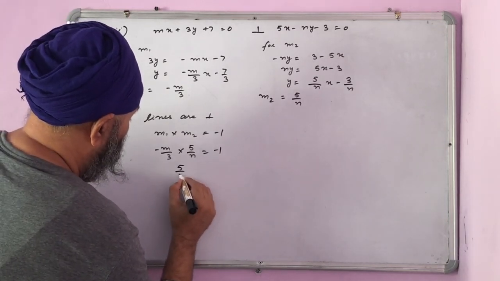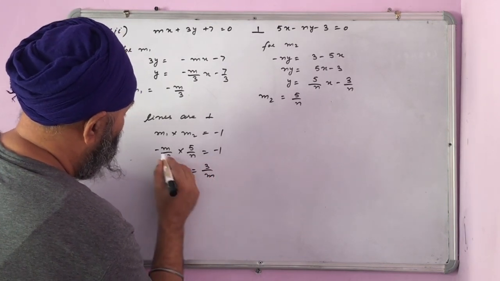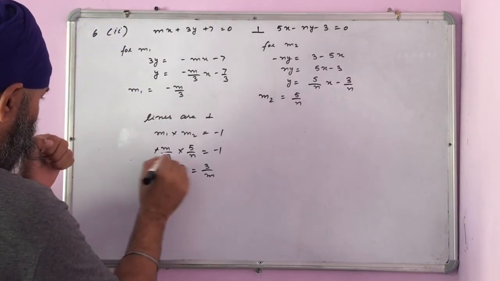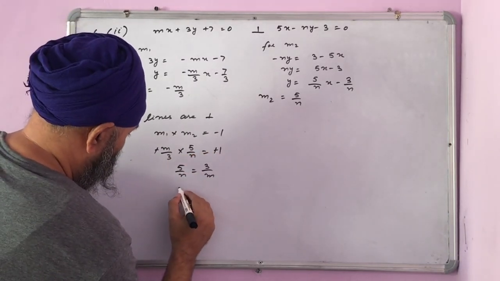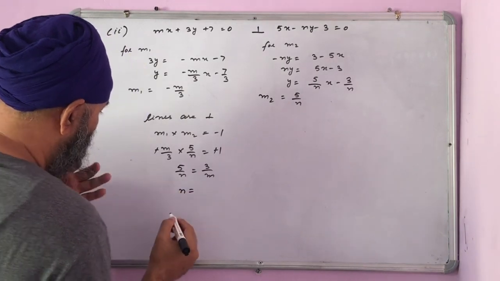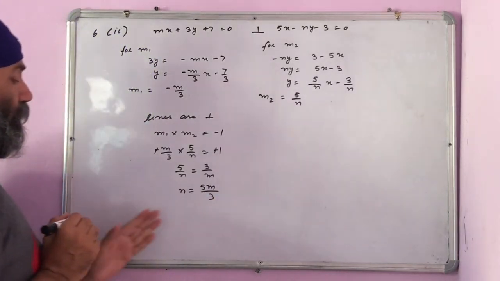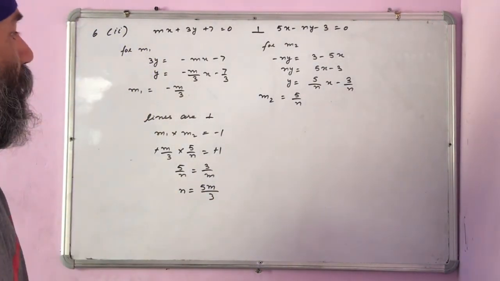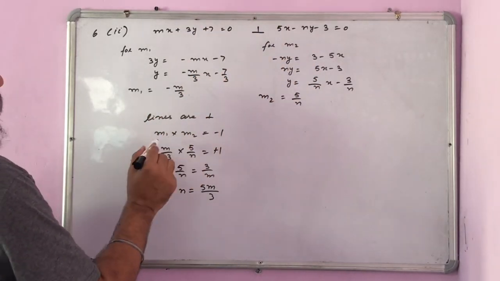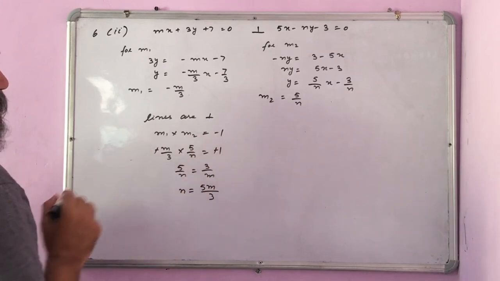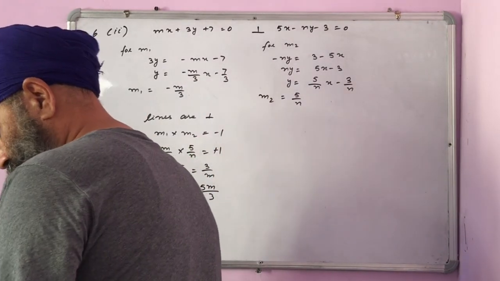Then 5 upon n, minus m upon 3 goes there, 3 upon m, minus minus will cancel, or n is equal to 5m upon 3. This is the relation between n and m. So we find the slopes of these two lines, and because lines are perpendicular, the slopes are having product equal to minus 1. Then we find the relation between n and m.